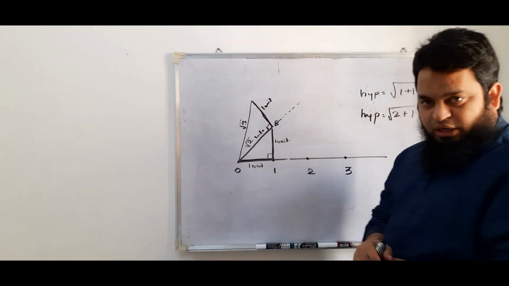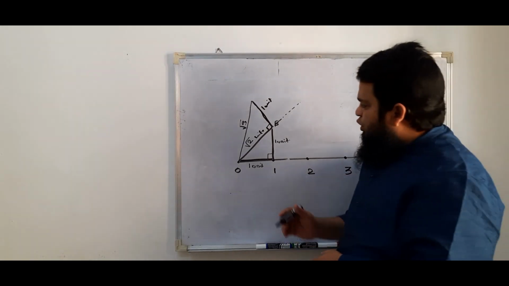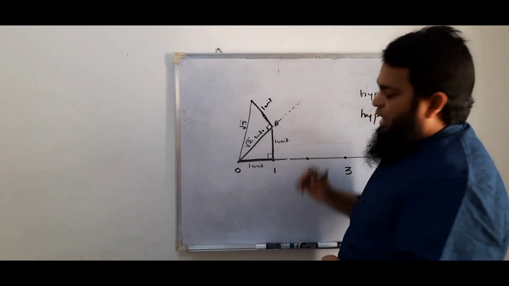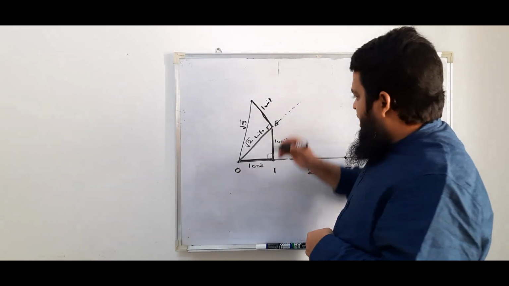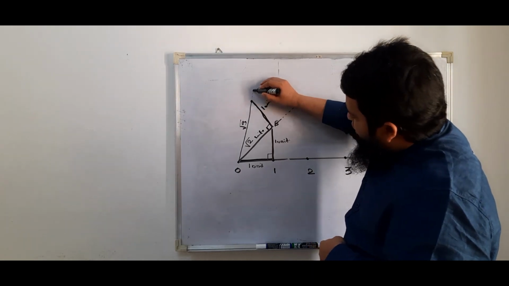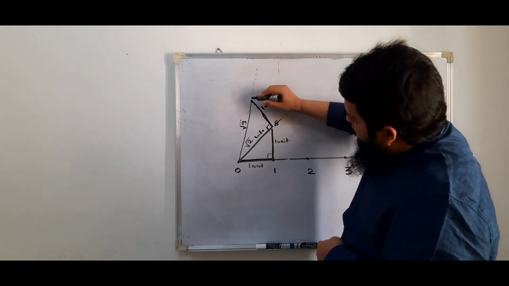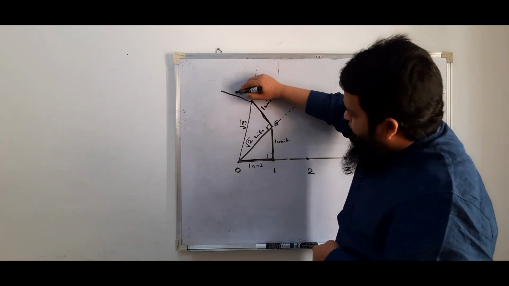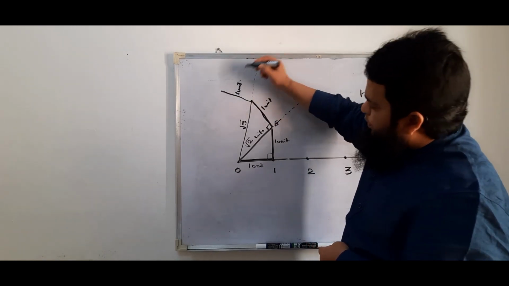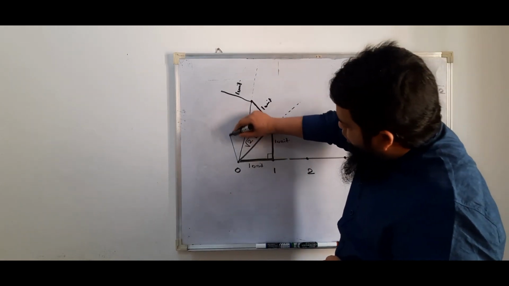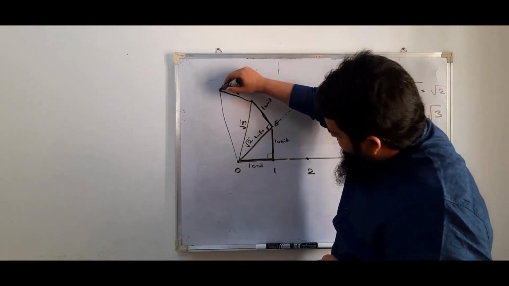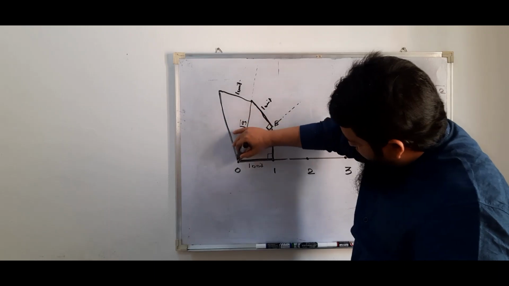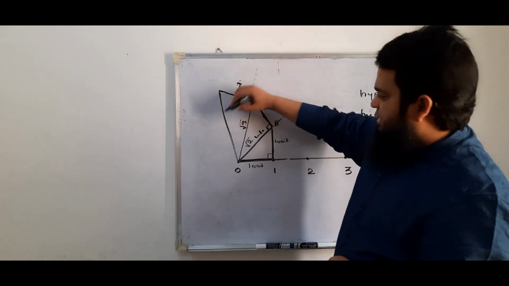Fine. Got it? Yes. Now from this point I want to draw another perpendicular line using the same concept, you just prolong it and you draw one unit from here. So this is 1 unit. Okay, now I join these two lines. Okay, this is the hypotenuse.